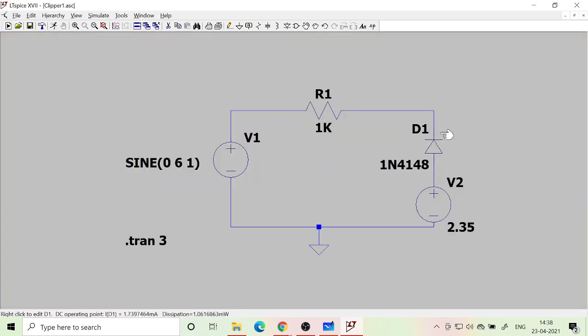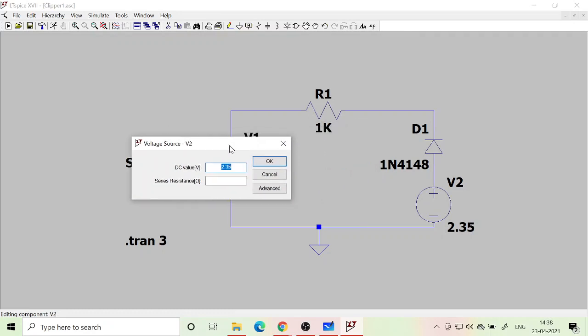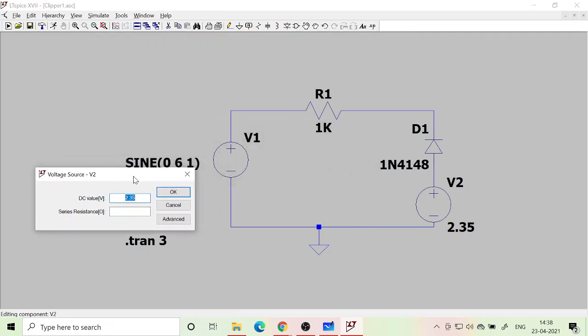If I want this diode to be forward biased at 3 volt input voltage, then I have to change this. Somebody tell me what should be the DC value that I should give? 3.65.